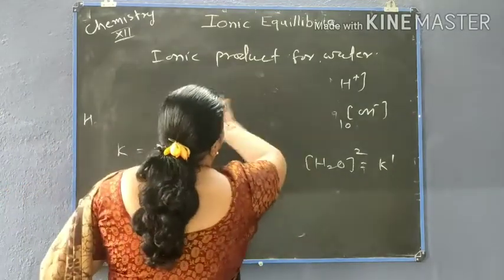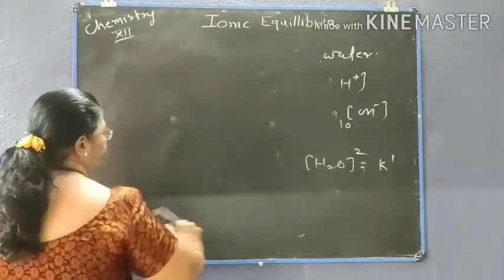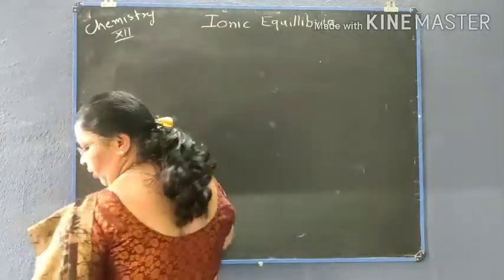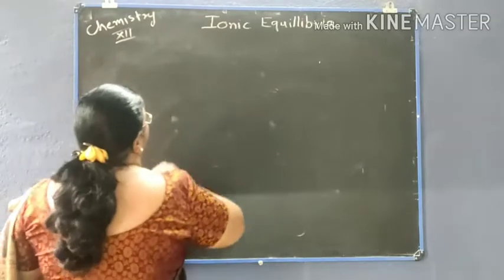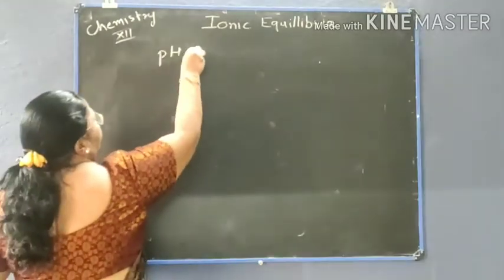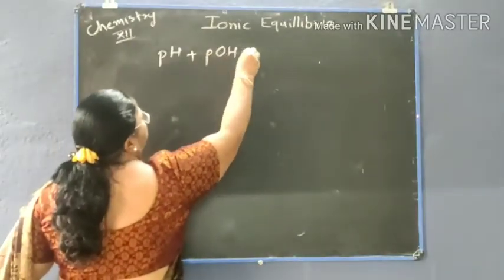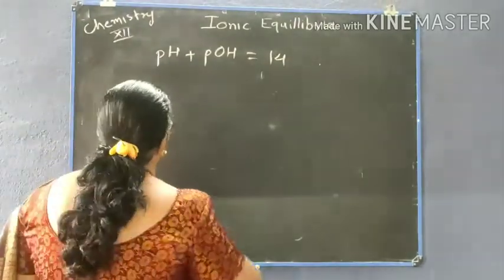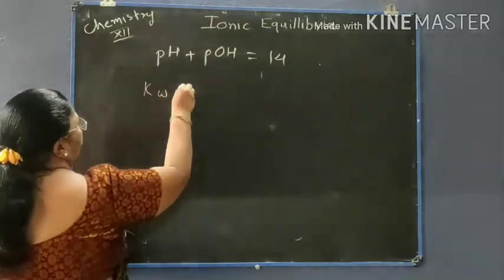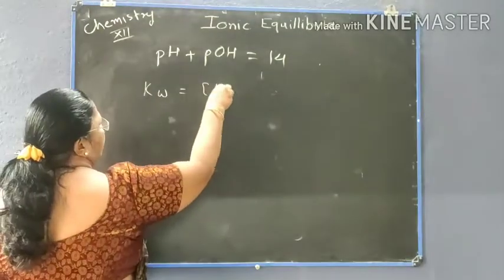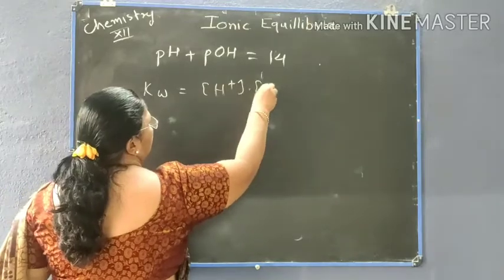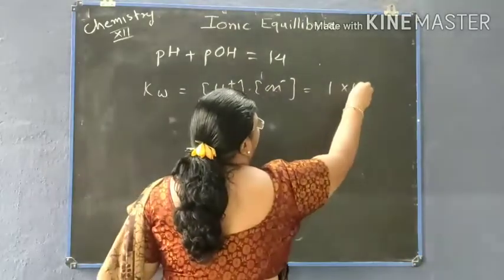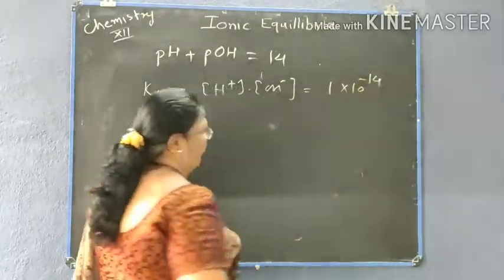pH plus pOH is equal to 14. We know that Kw, the ionic product of water, is nothing but the concentration of H plus ions into the concentration of OH minus ions, which is equal to 1 into 10 raised to minus 14.